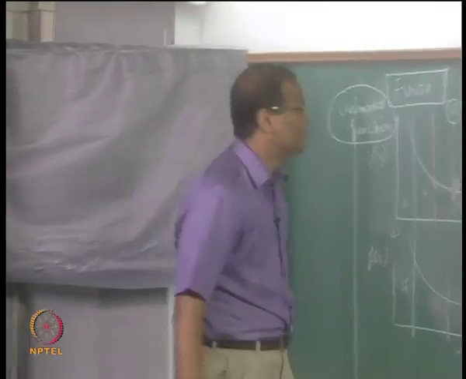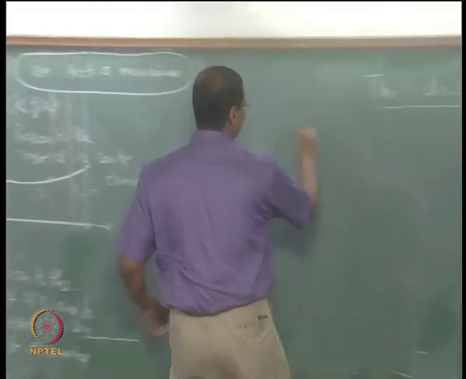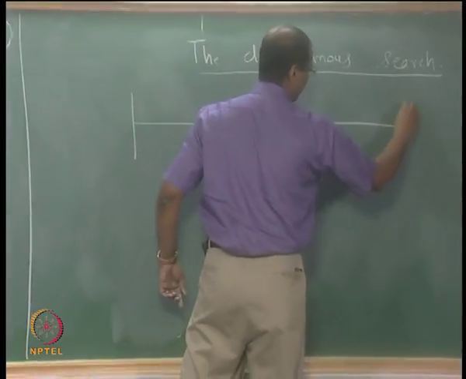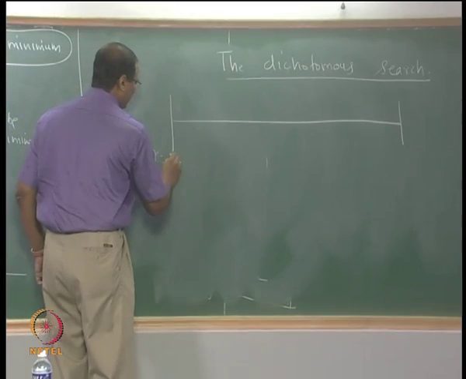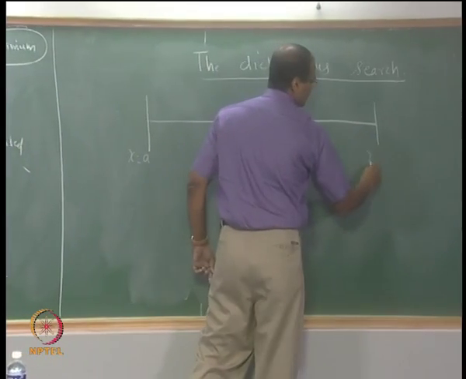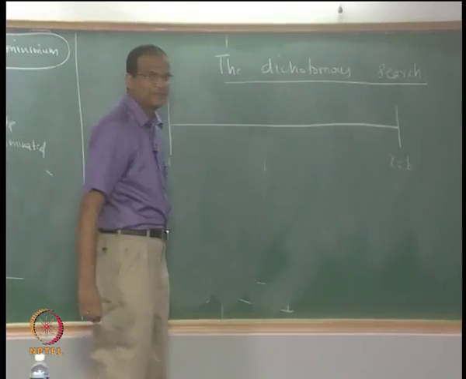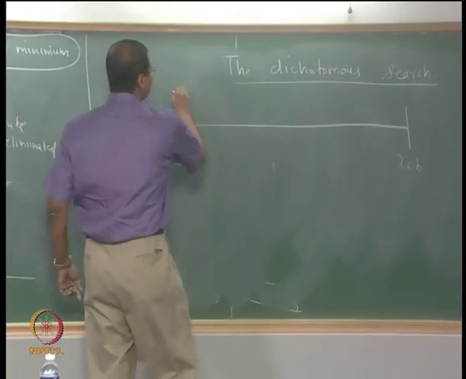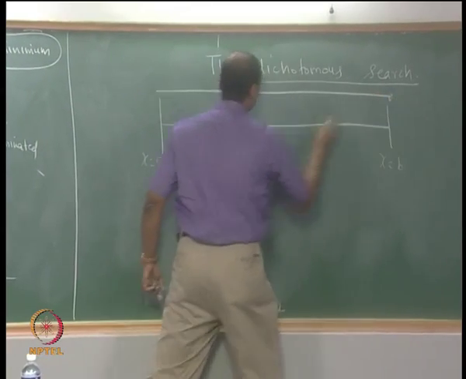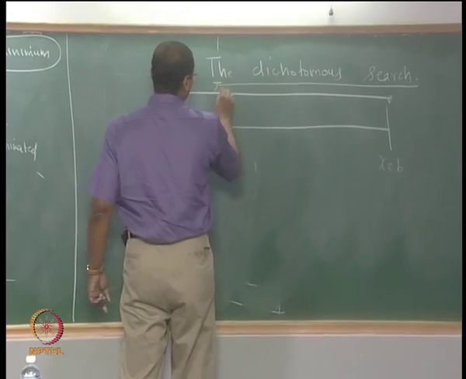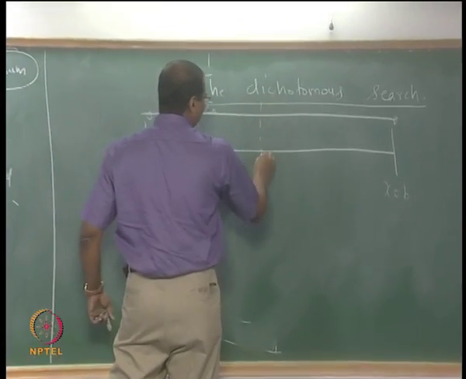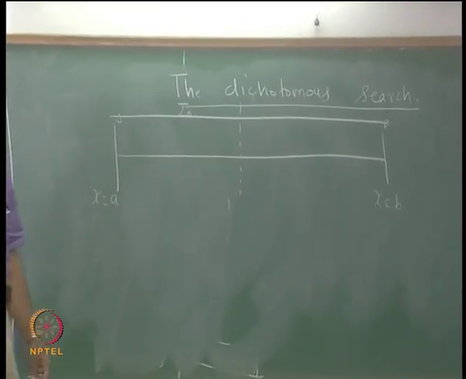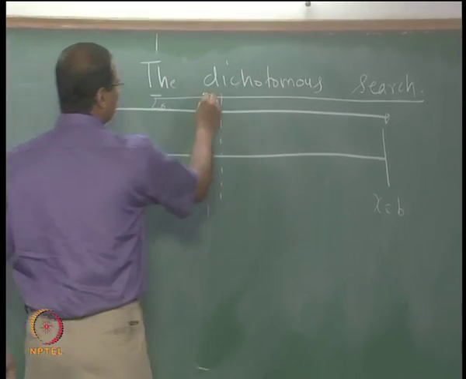The dichotomous search is very simple. So, if this is x equal to a, x equal to b, this is I naught. Let us look at the center of this and let us take 2 points on either side.